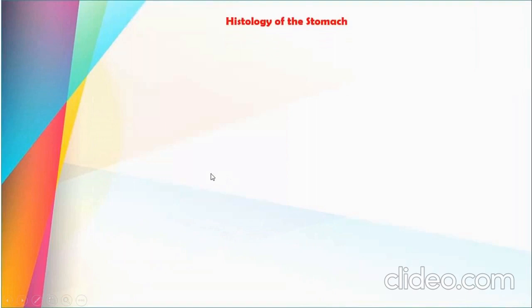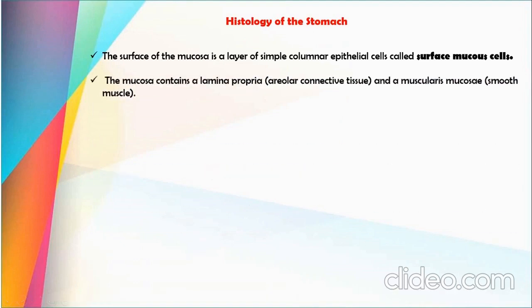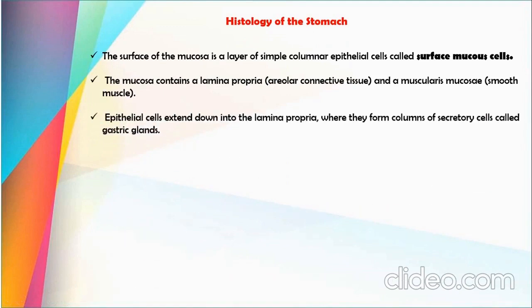Next is the histology of the stomach. The surface of the mucosa is a layer of simple columnar epithelial cells, which are called the surface mucous cells. The mucosa contains the lamina propria and the muscularis mucosae.